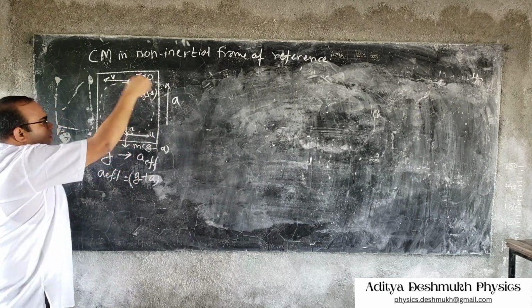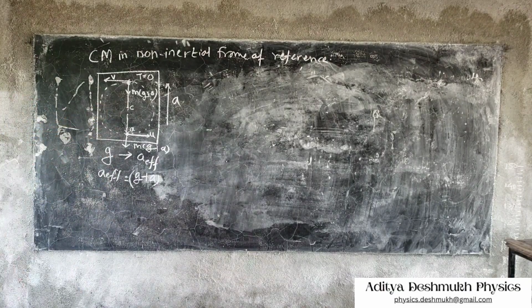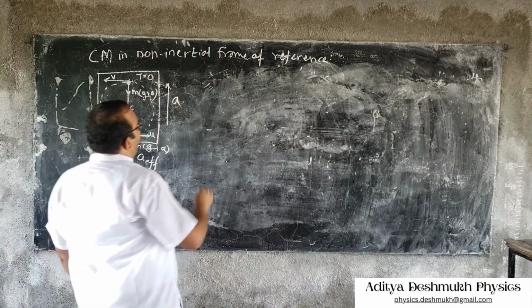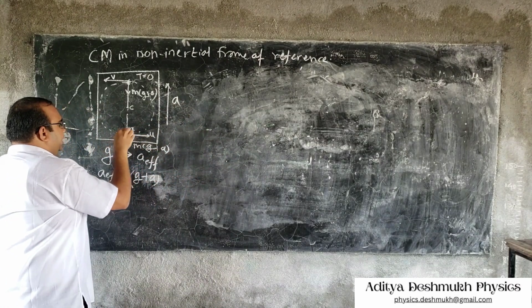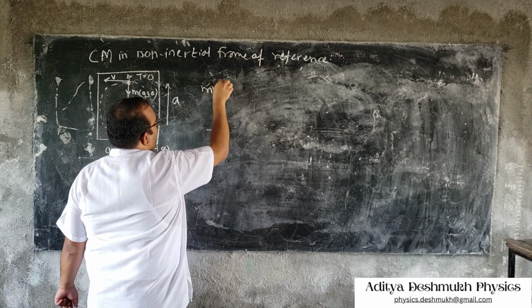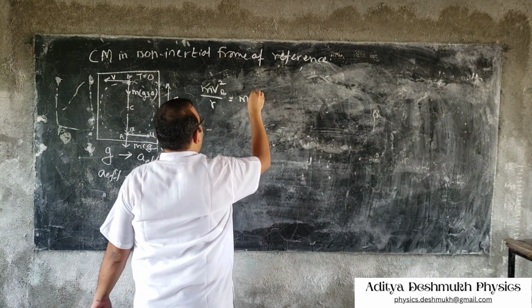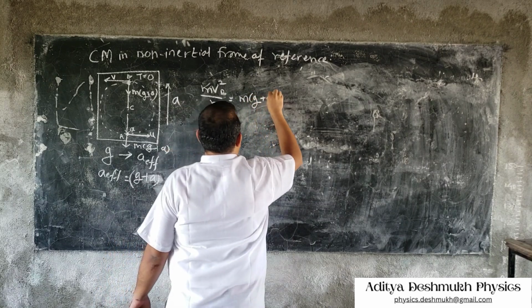So this m into g plus a, or m into effective acceleration, is providing the necessary centripetal force. If this is point A and this is point B, m vB square upon r will be equal to m into g plus a.